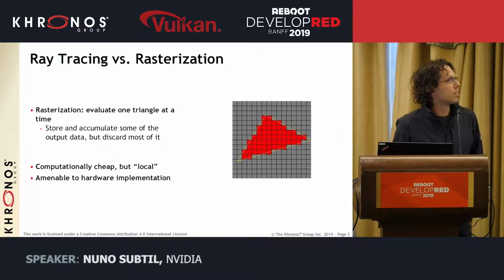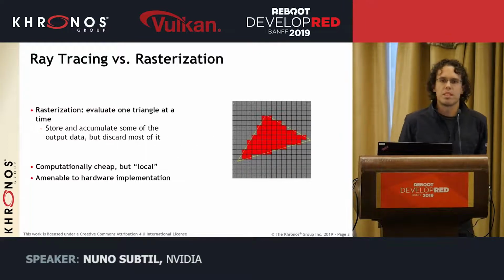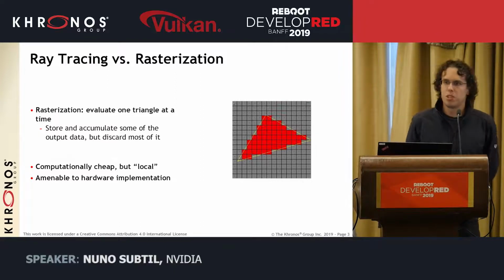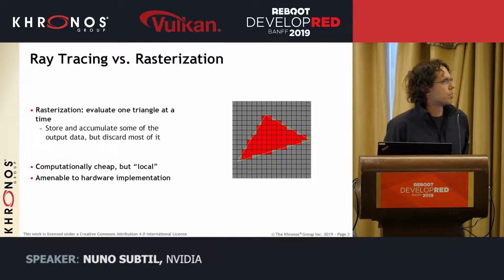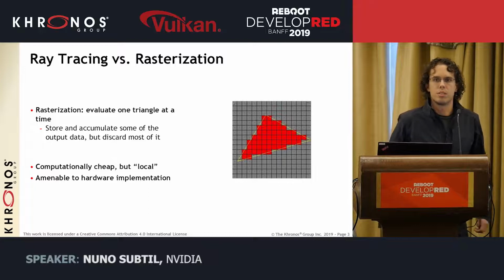So let's get started. I guess I'm standing in front of what I bet are a bunch of game developers, and a lot of you are very experienced with rasterization-based techniques, which is what GPUs have evolved to do today. They're massively powerful rasterization machines. To compare and contrast what you can do with rasterization versus ray tracing, let's go over some of the details about how those two differ.